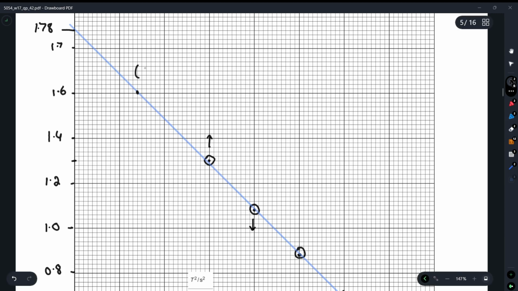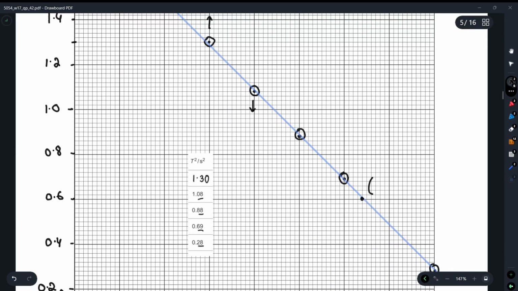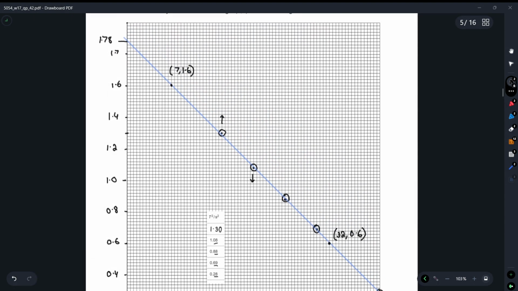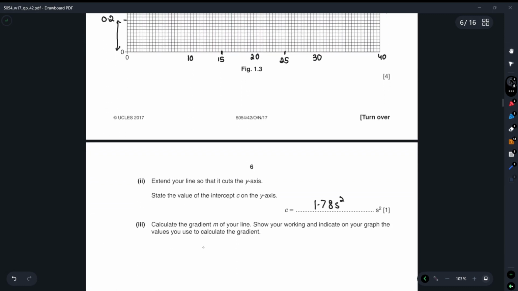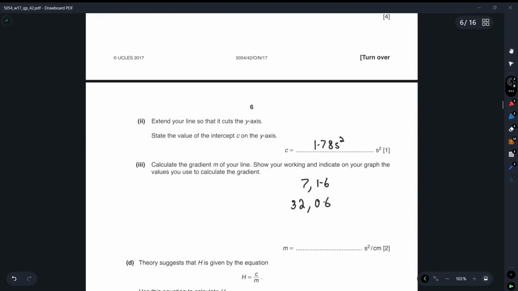So this point right here is going to be 7 on the x-axis, and then on the y it's 1.6. Okay. And this point right here is 10, 20, 30, and 32 on the x-axis, 0.6 on the y-axis. Okay. So 7 and 1.6, 32 and 0.6 if I'm not wrong. Yep.